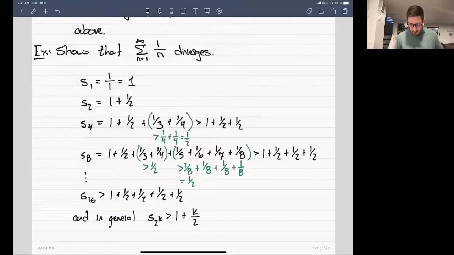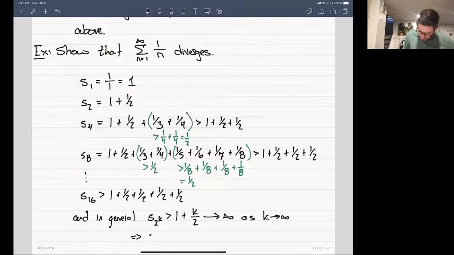Okay? Now, that means that if you add up a power of 2 in these partial sums, you're getting some number that is bigger than 1 plus k over 2. But this thing goes to infinity as k goes to infinity. So if you take larger and larger partial sums, this S sub 2 to the k is going to be big.